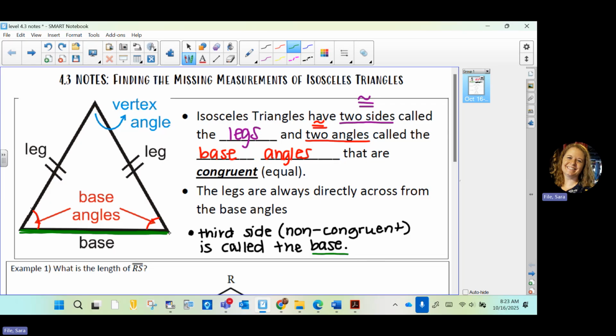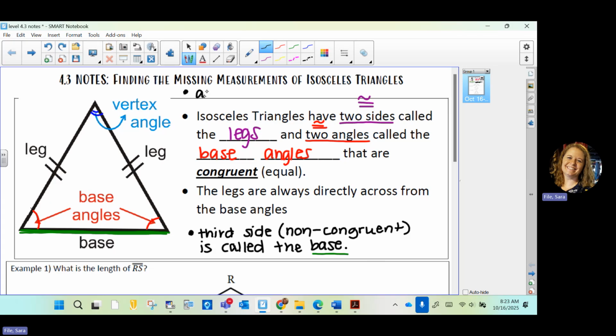And then you'll notice up there in blue, this is the vertex angle. The vertex angle is where the legs meet. Okay, it is the non-congruent angle. And if we want to add that, we can add that as well. I think there's a little bit of room right here.